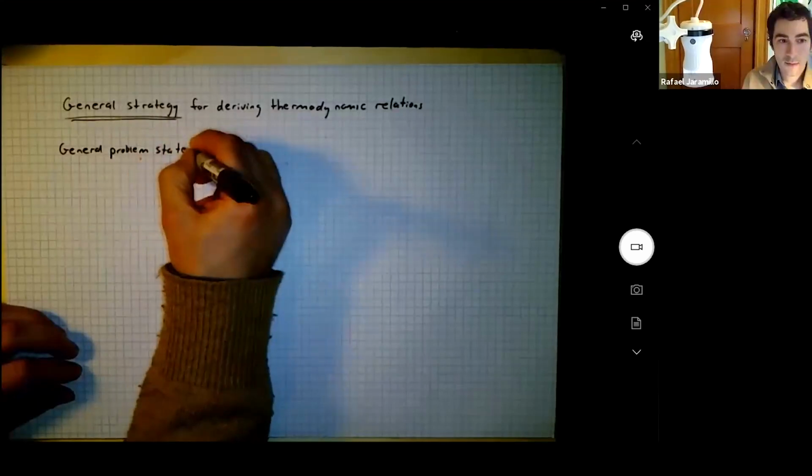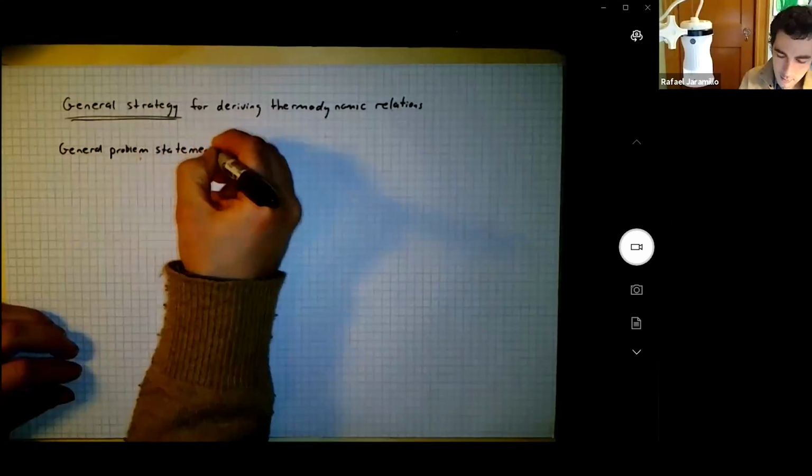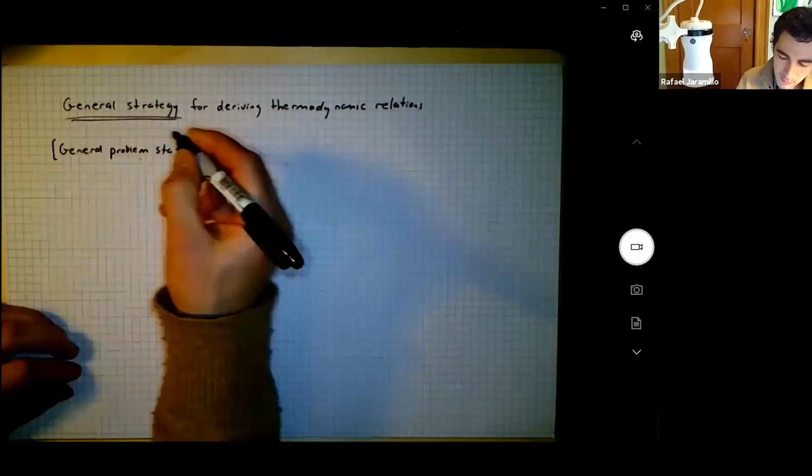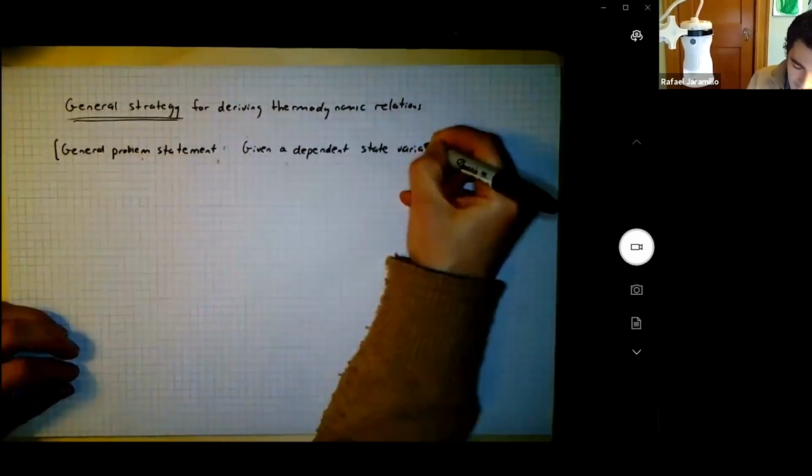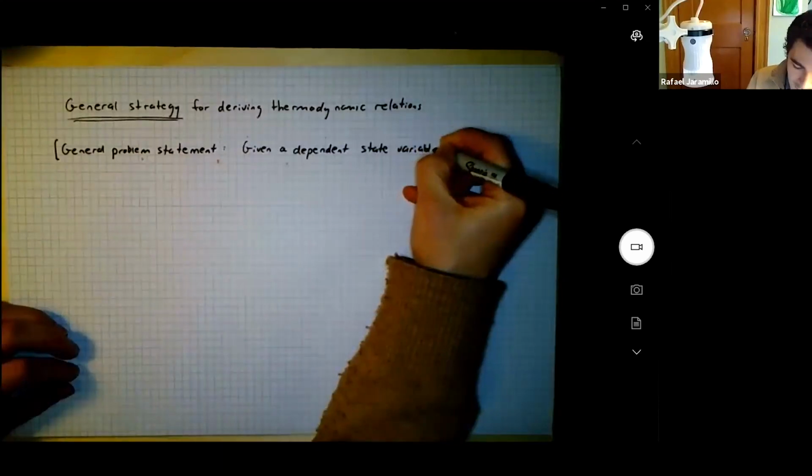Given a dependent state variable Z, independent state variables X and Y, calculate delta Z for a given process.